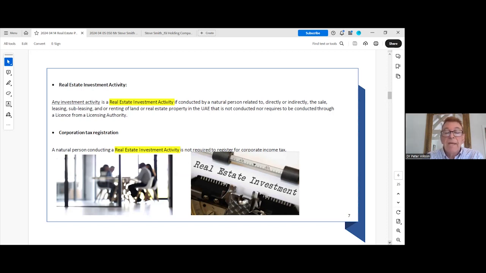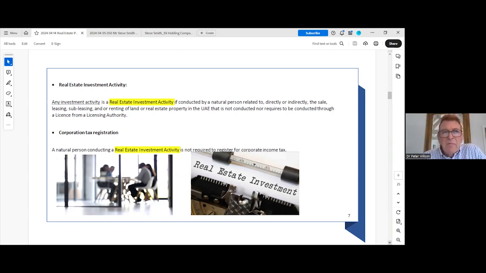Not true. And you can see that the real estate investment activity covers the sale, leasing, subletting, and or renting of land or real estate property in the UAE. Let's put aside for the moment that it is not conducted nor requires to be conducted through a license from a licensing authority.